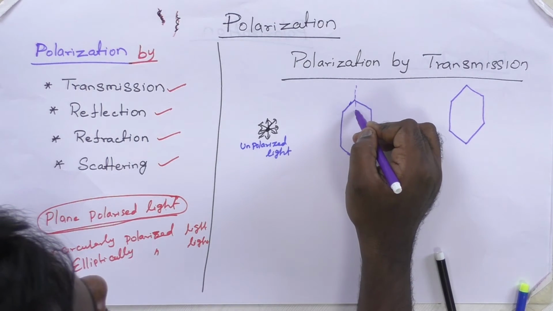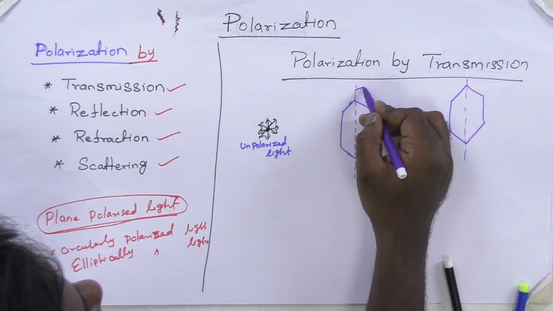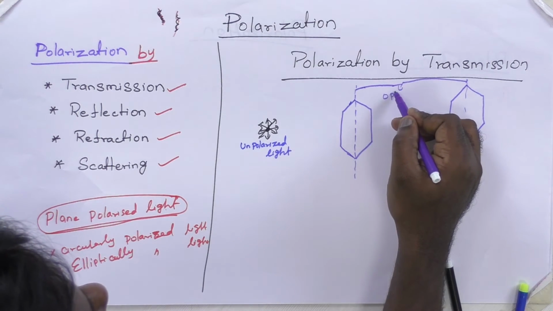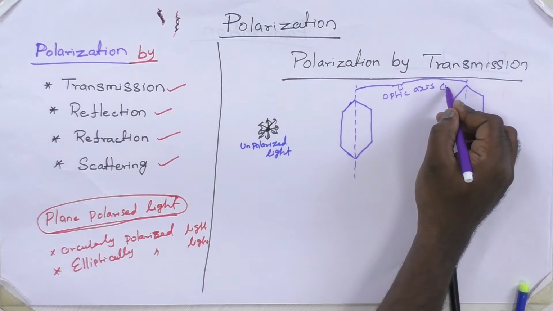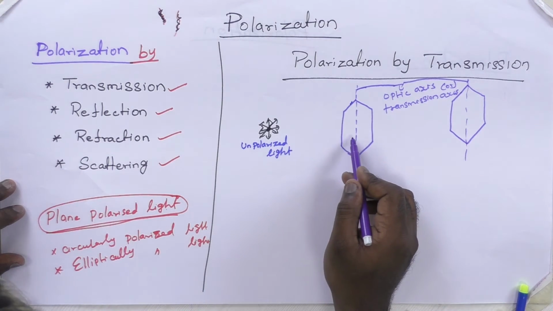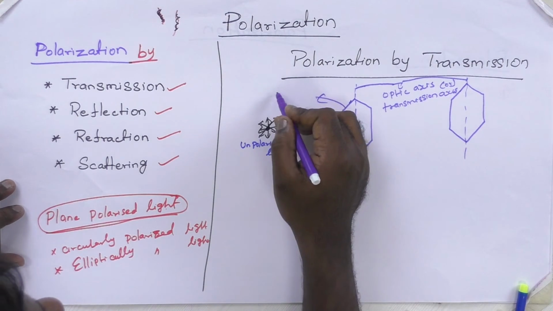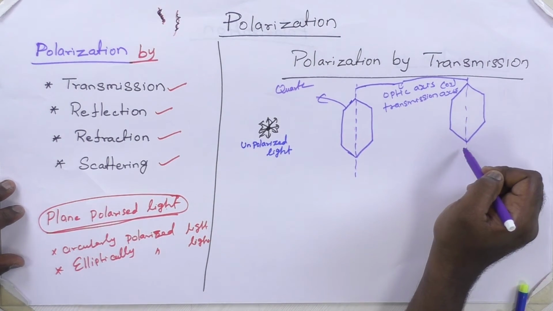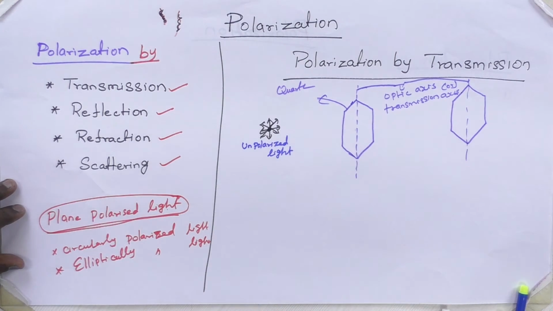Here we have an axis, called the optic axis or transmission axis. When the light passes through this optic axis or transmission axis, it is converted into plane polarized light.